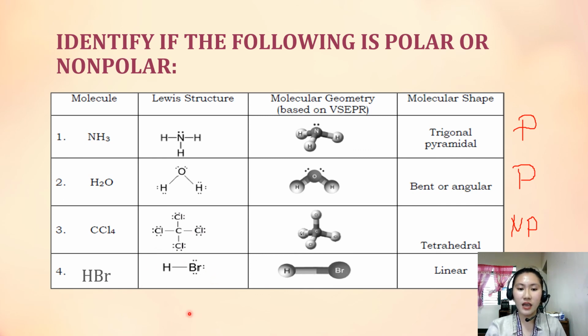So, hindi pantay yung sharing of electrons. So, mas maraming electrons si bromine kaysa kay hydrogen. So, this means ito ay polar. Okay? This is polar.